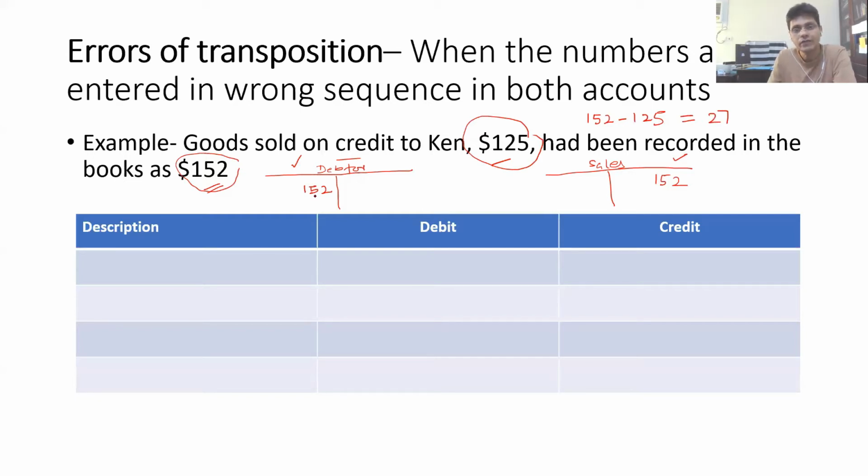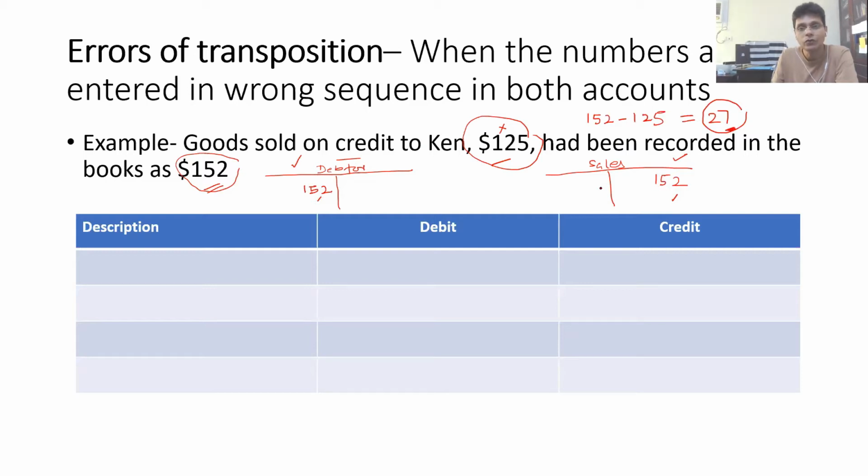So 27 more you have debited and 27 more you have credited. You understand? So instead of recording 125, you recorded 152 and 152. So therefore, your debtor value is more by 27 and your sales value is more by 27.